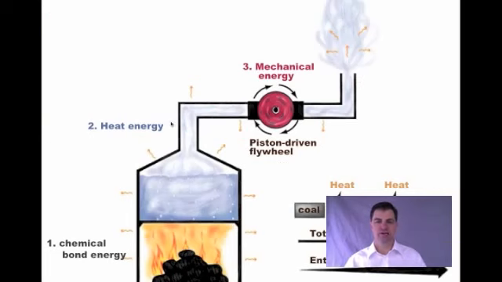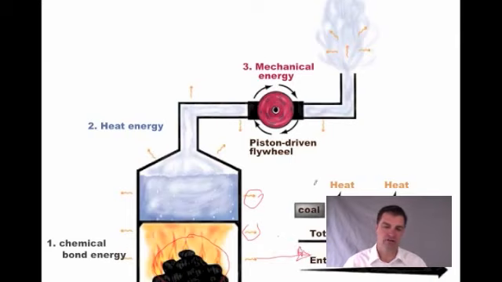Here's another example. In this case, we have a coal burning engine, like a steam locomotive on a train. What you see in this picture is we're taking coal, which is an energy-rich molecule, and we're burning it. As we burn it, we're releasing some of the heat. That's what they're showing you here. Some of that heat comes off, and heat you cannot really use as an energy source.